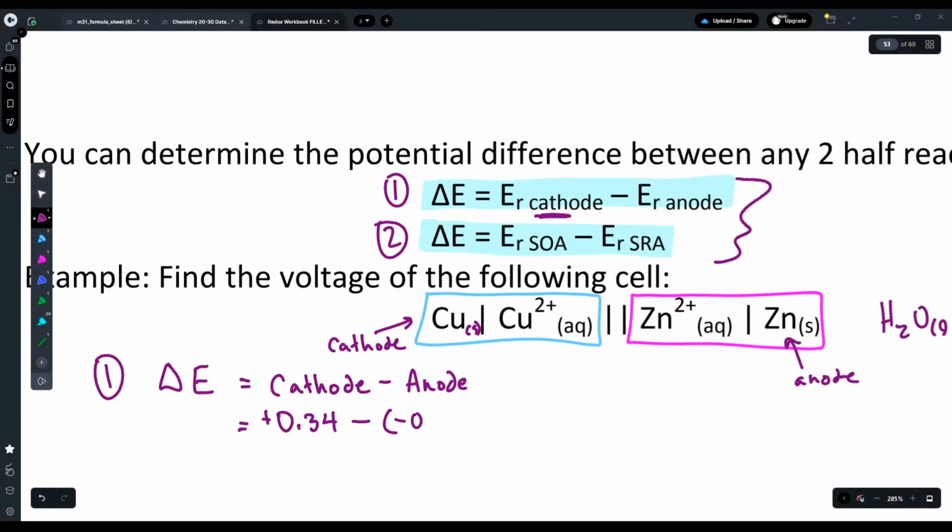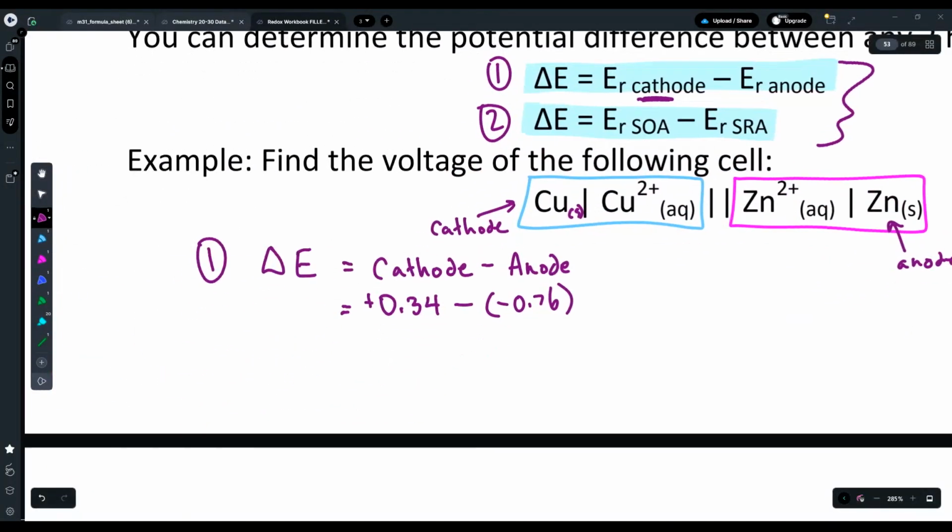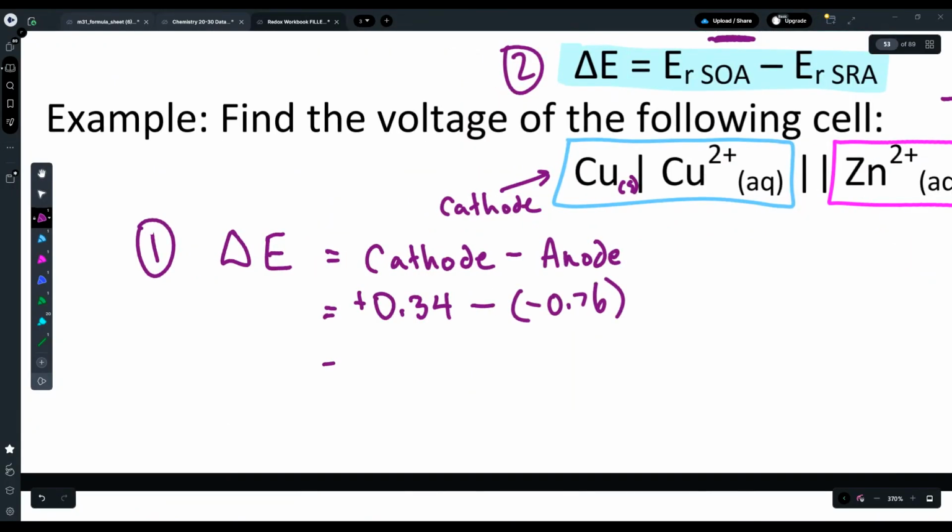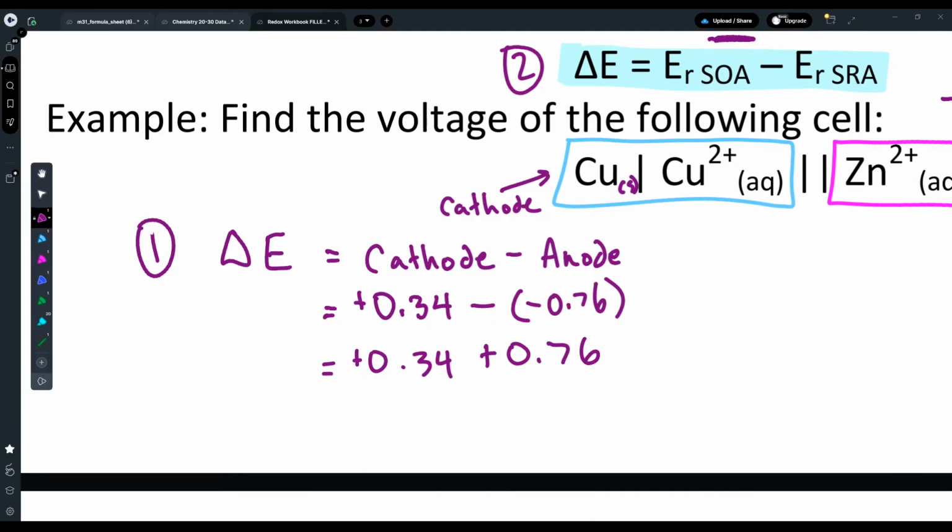So I'm going to write that negative 0.76. A negative times a negative, well, that's a positive. So that's the mathy way to, quote unquote, flip the signs, is with this negative here.